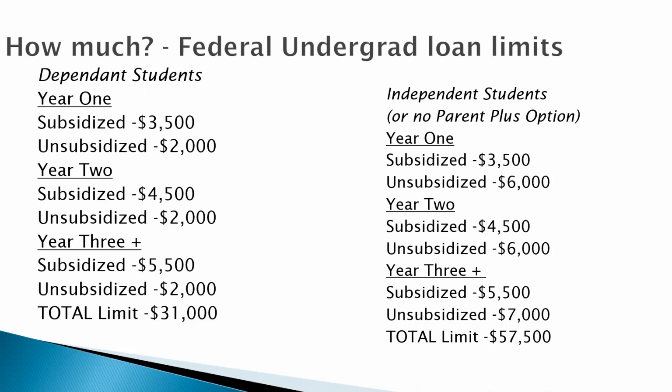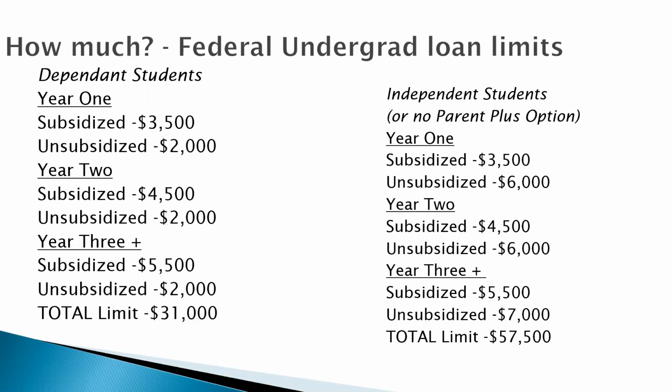On those unsubsidized loans, however, you can only receive $2,000 of an unsubsidized loan as an undergraduate student each year. And then down there at the bottom, you can see your total loan limit for dependent students throughout your entire undergrad, whether it takes you 4 years or 6 years or 8 years or whatever to finish, is $31,000. That's the maximum amount that you can receive through federal student loans.